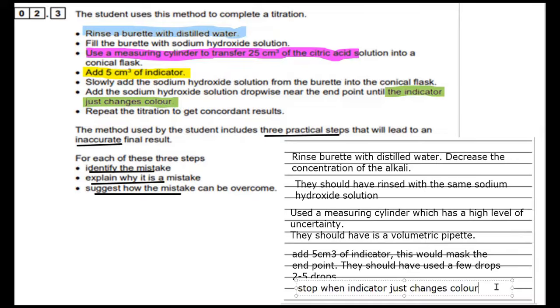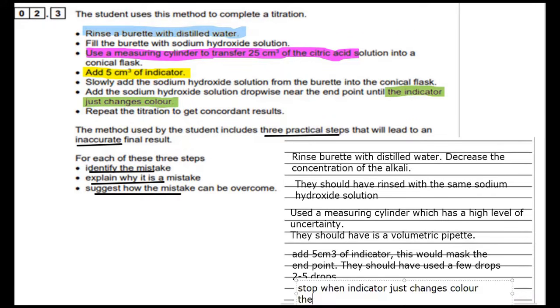As soon as it changes color, they should swirl the flask to ensure that all the reactants have reacted. Sometimes you get a color change, and if you wait 10 seconds, that color disappears because it hasn't fully reacted. You're getting close to the endpoint. You'll get a color change, but it will go colorless again after. You need to swirl the flask to make sure you've definitely reached the endpoint.